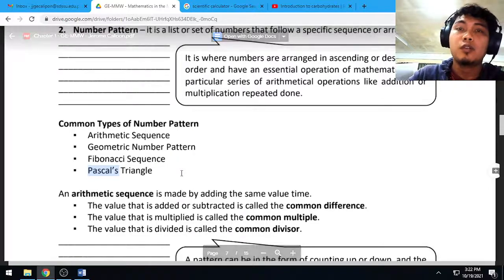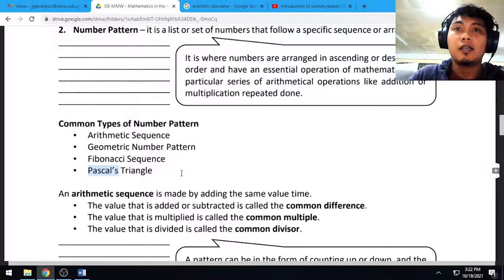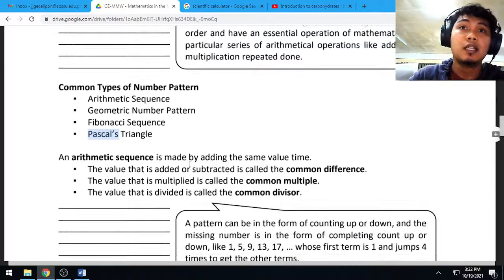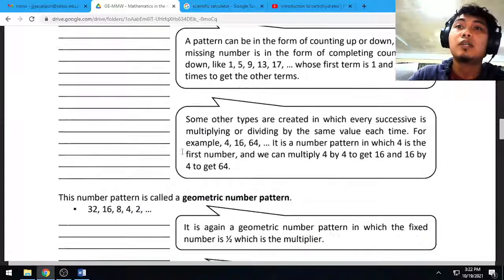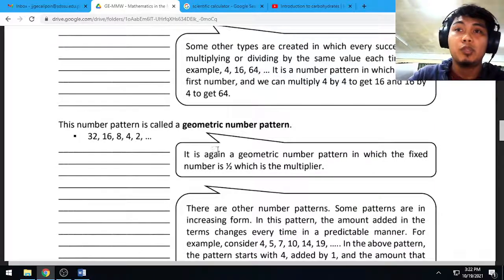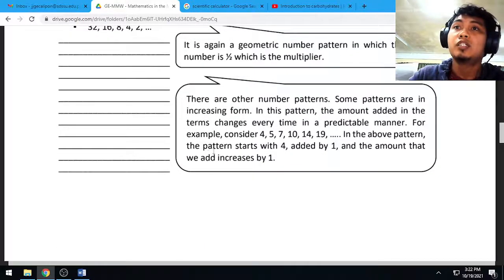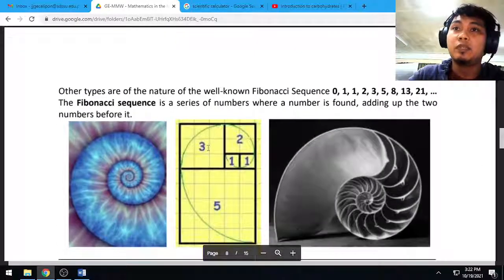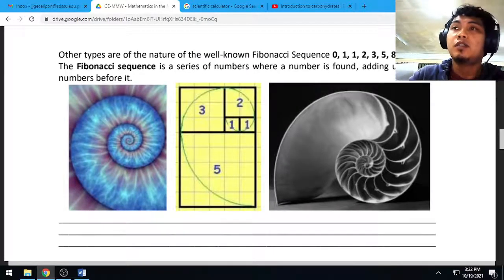And we saw last time na iba-ibang sequence, may iba-ibang pattern. May mga simple lang ang pattern, dinadagdagan or binabawasan. Meron namang pattern na multiply or dinidivide. So depende sa sequence. Ito naman, may pattern din yung Fibonacci.